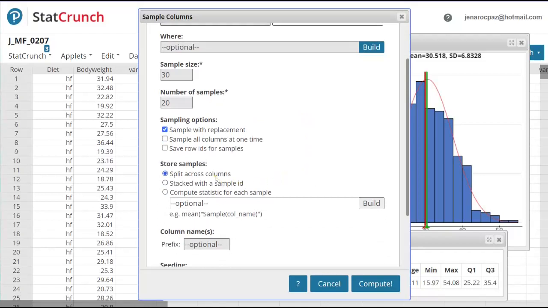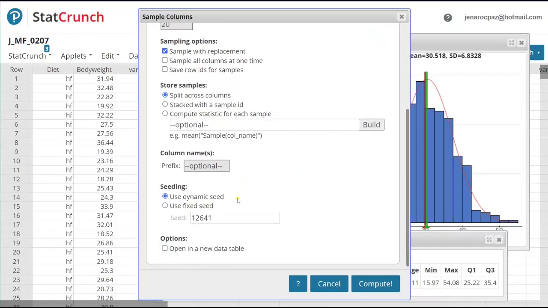We want to have all the information split in different columns. And I'm going to choose my number here, 2070. And we can choose to have all the samples in a different data table, or just keep them in the same data table as the original values.